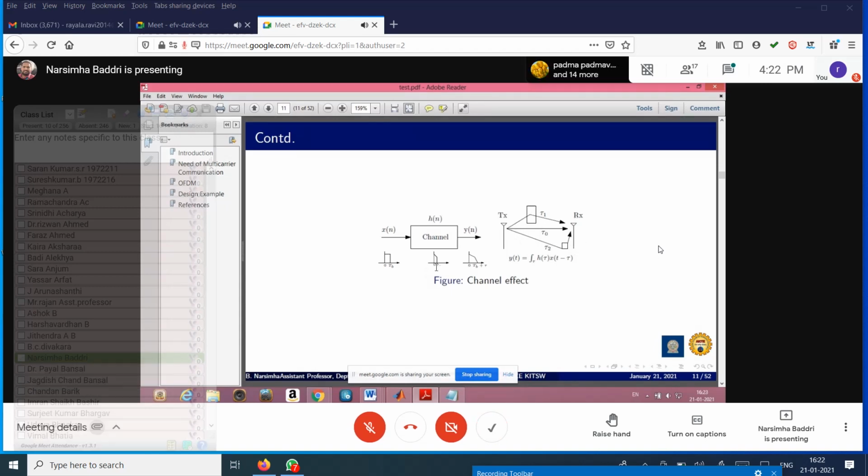Based on that, the channel spreading factor will be defined, and the impulse response of the channel will increase based on the number of paths. Suppose you take a Wi-Fi wireless LAN network, the number of multipaths may be less than 10, or in a room less than 8, like that.